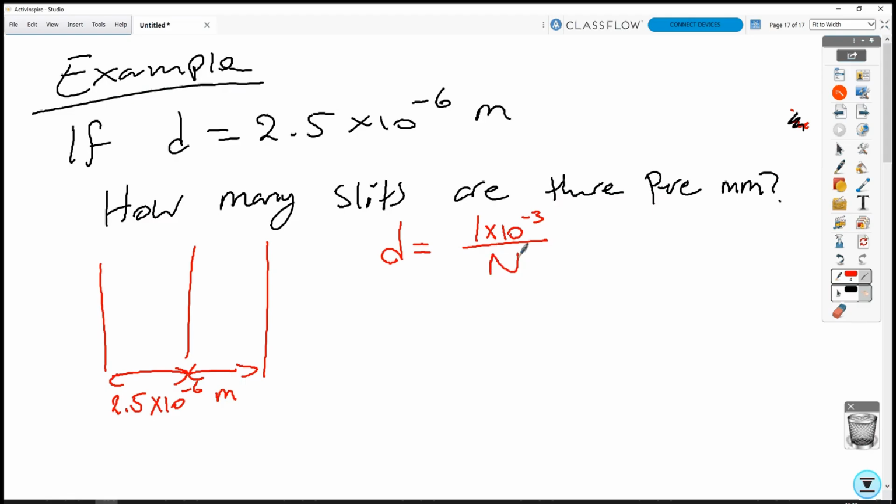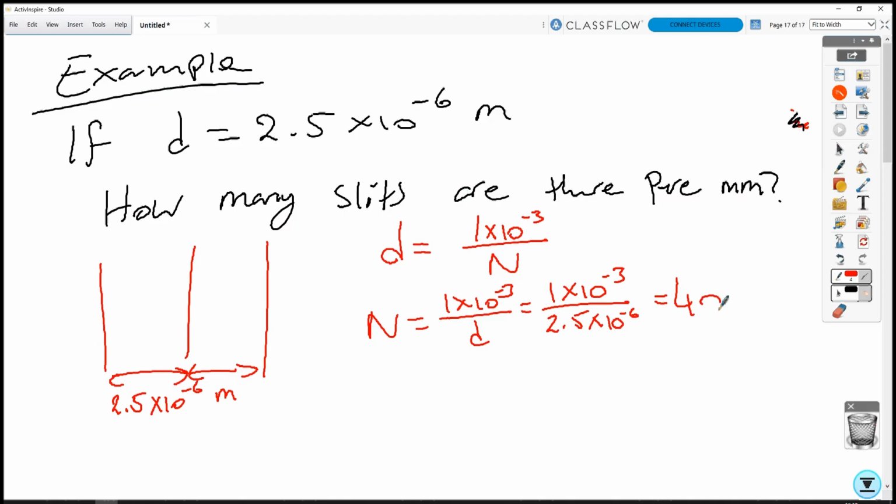So we rearrange this to get n equals 1 times 10 to the minus 3 over the slit spacing. We'll put our values in. And that gives us about 400. Now we actually know that there's 1 extra slit on the end, so that should be what? 401.